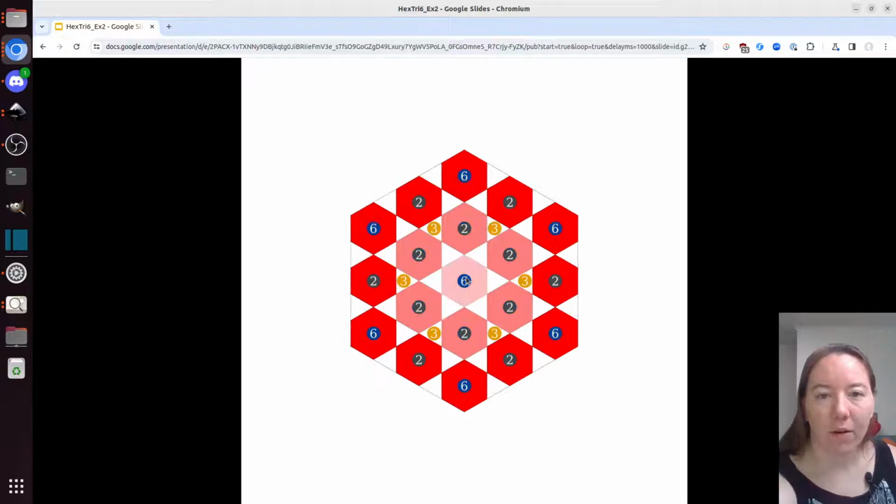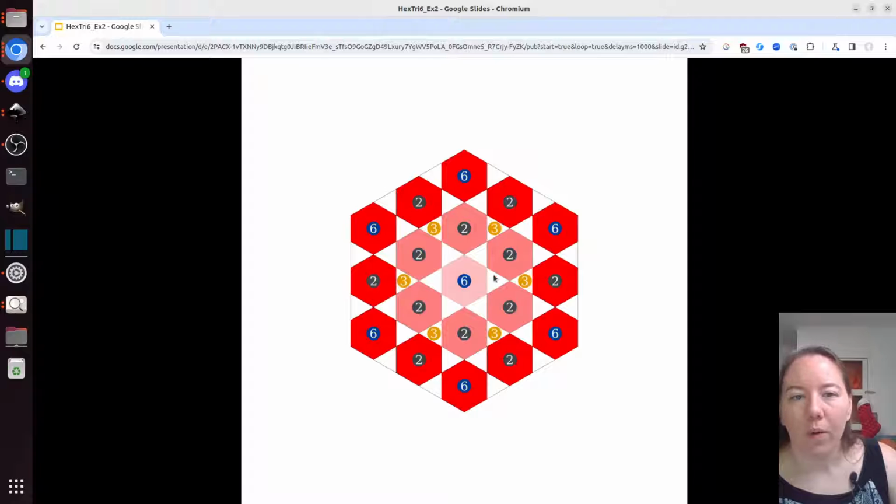In our next ring around the center, we're going to be having our 6-fold hexagons alternating with 2-fold hexagons, and none of the triangles will be the 3-fold triangles. They're all going to be those closed triangles right next to the closed hexagon. So that's a useful bit of information that's contained in this diagram.